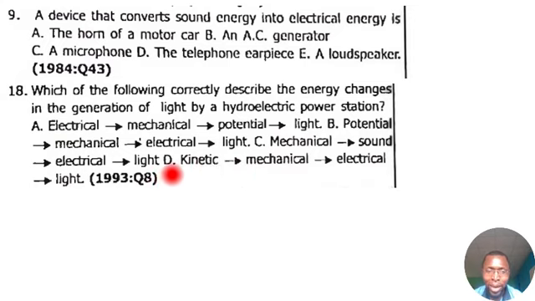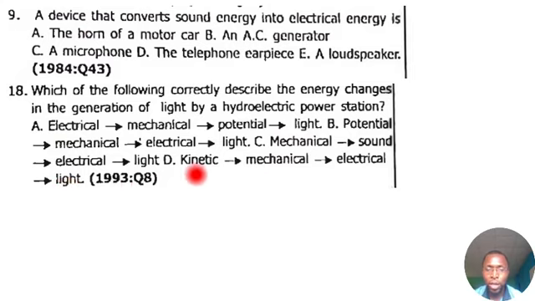We go with kinetic. Okay, that the water is moving, to mechanical because it will turn the turbine, and electrical because there will be generation of electricity which will now be converted to light using the bulb.